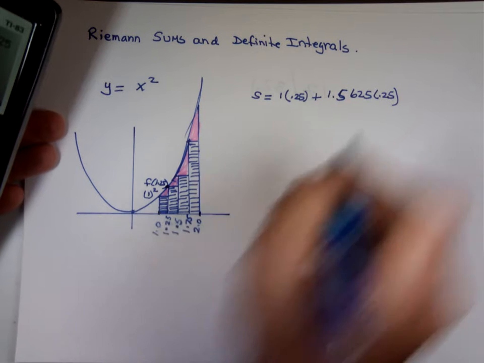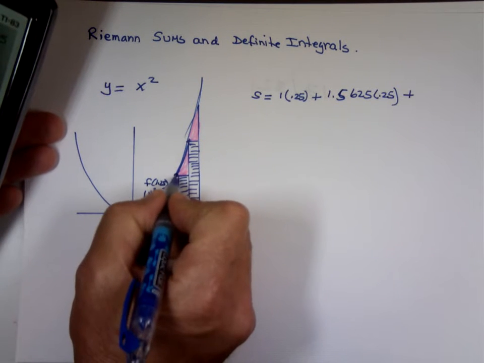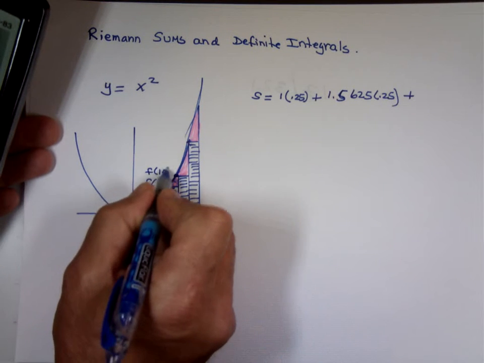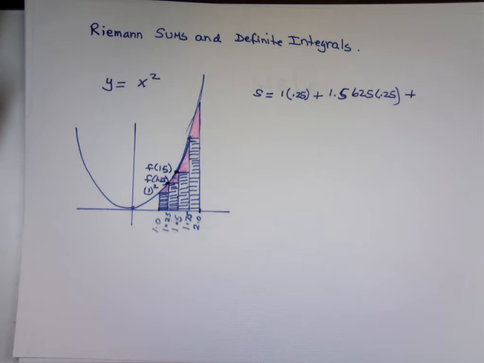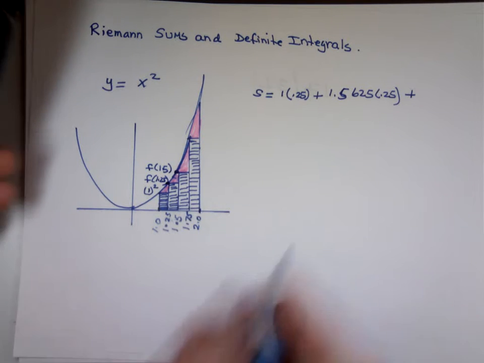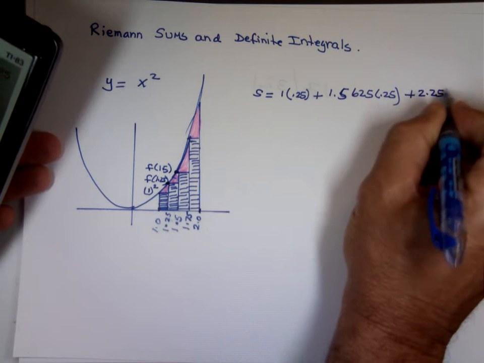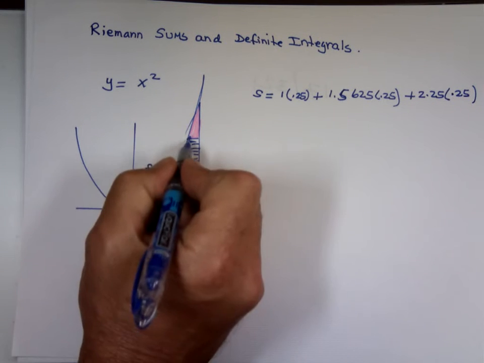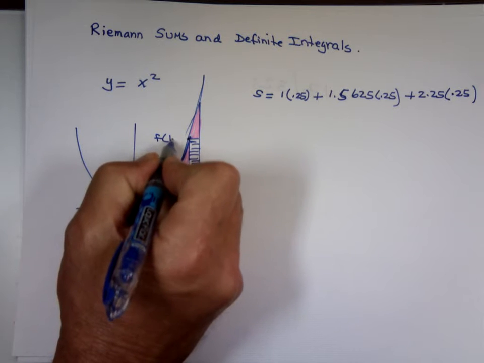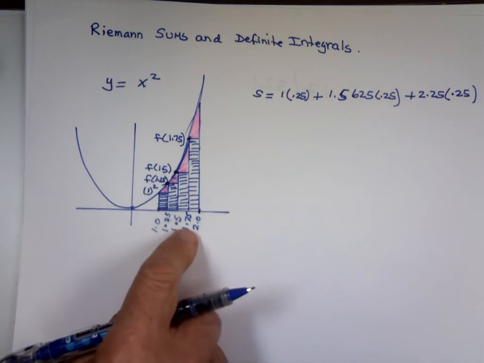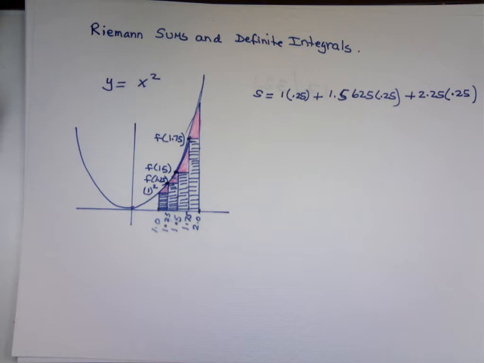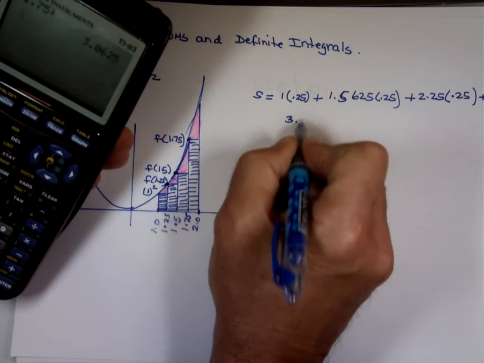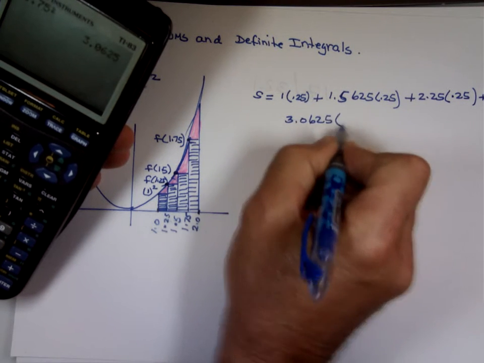The next one, what is the y value here? That's x equals 1.5. That's f of 1.5. So go to this one. What's 1.5 squared? It's 2.25 times the width, which is 0.25. And the last one is this height, which is the y value when x equals 1.75. What is 1.75 squared? That's 3.0625 times 0.25.